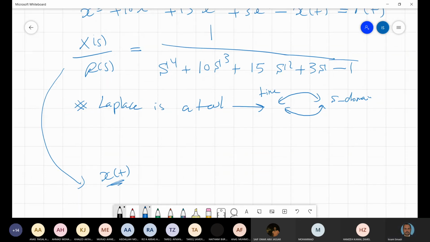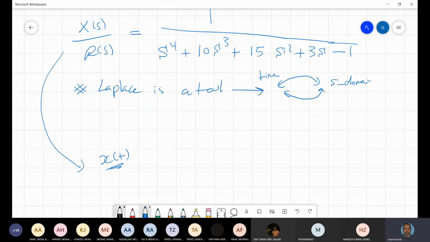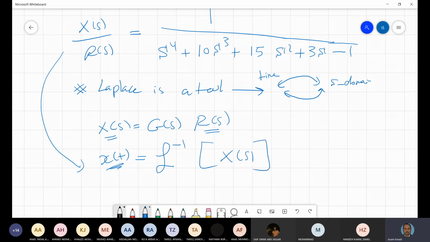Simply, if I need to find the solution in the S domain, then X(s) will equal G(s), the transfer function, multiplied by R(s). So if I specify the input, I can find the output. But in the end of the day, this is a time domain problem, so I need to find the Laplace inverse of X(s).